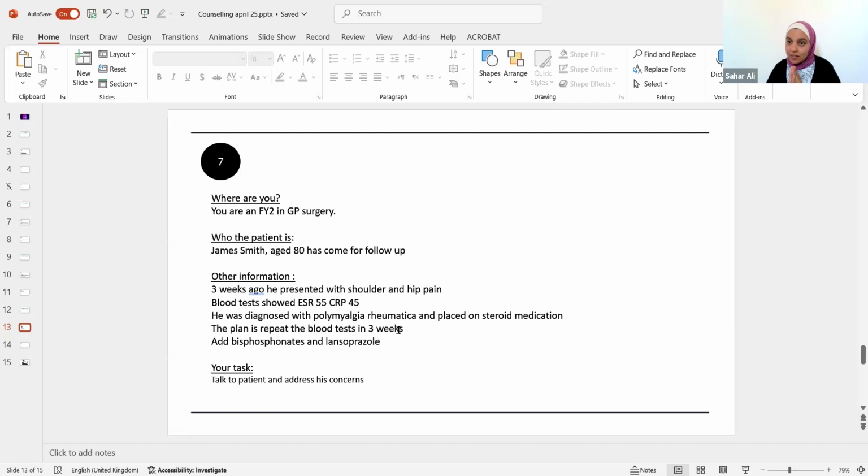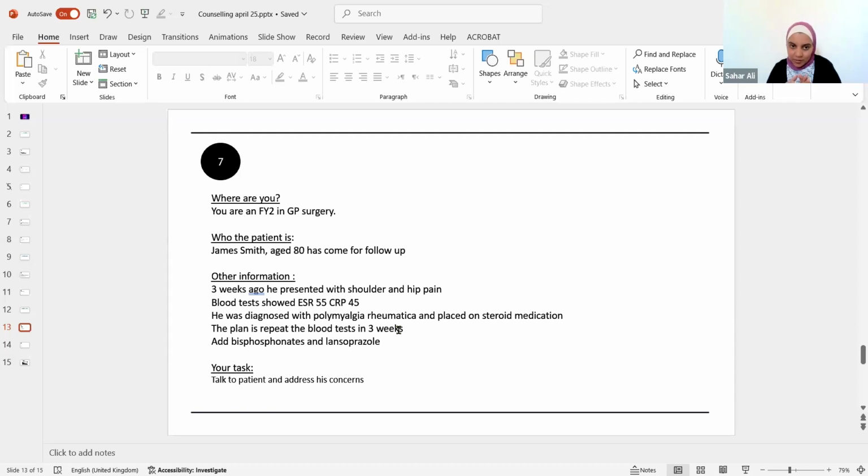But if the concern is related to the psychosocial part or the feeling of the patient, it is not appropriate to tell him, okay, I'll address that shortly. Does that apply to this one? It applies to this one. He is concerned about medication, not about his feelings or a difficulty he's facing in his life.